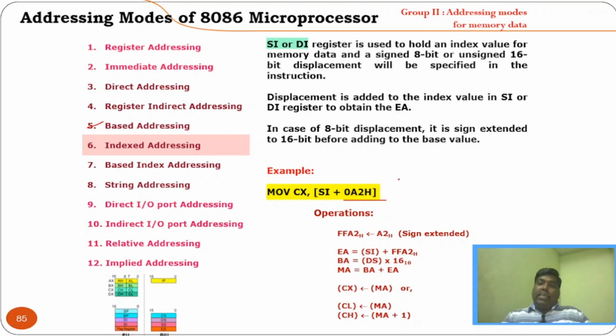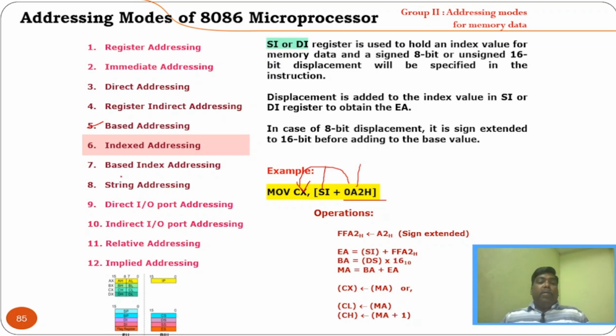Similar to base addressing, you will have SI or DI, that is the index registers, to hold the index value, and also you will have the displacement value, right? The effective address will be calculated by adding SI and this displacement value, right? So what will be the operation after calculating this address? The content in that particular address will be moved to this particular register, right? This is indexed addressing, right?